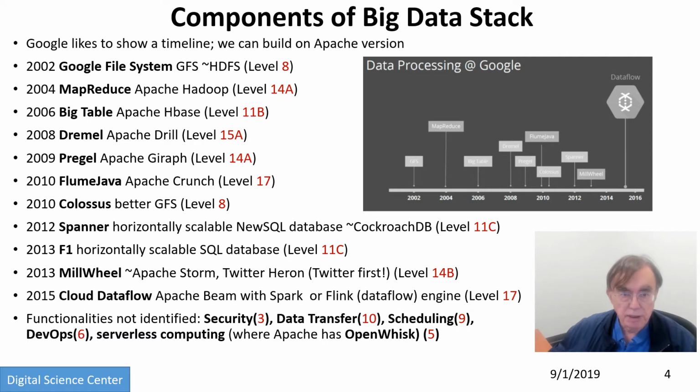Here we celebrate Google's contribution to building the big data stack. Although actually there are many Apache analogs of Google technologies, Google usually keeps its technology to itself, but publishes brilliant papers which tell people how to copy them. Here's a plot that Google likes to present.